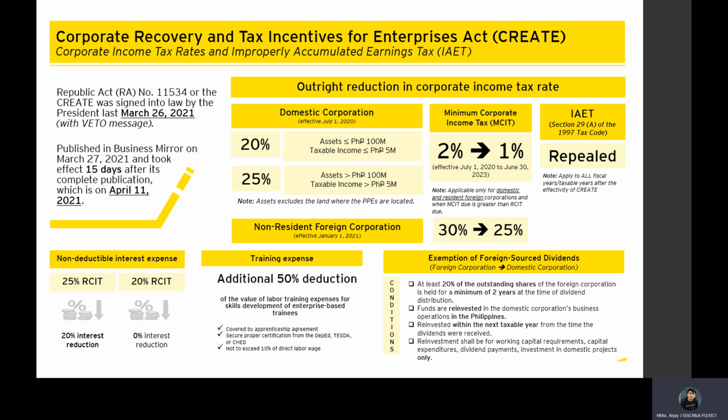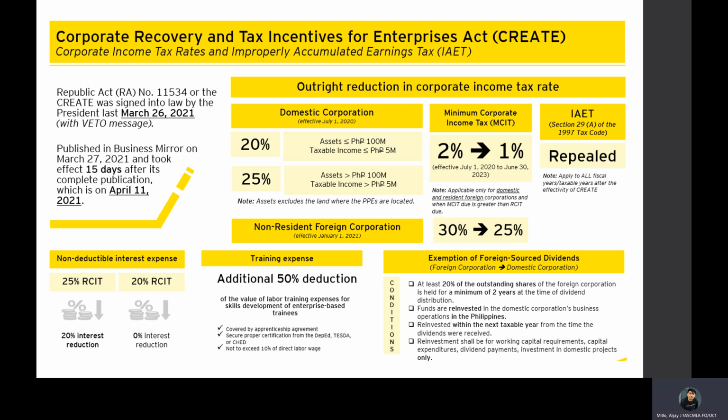This is on the rationale na di ba nga during this moment na Pinas, actually until now naman we're still in a pandemic. So ito yung response ni government as help, as relief dun sa nararamdaman na crisis ng mga corporations natin.